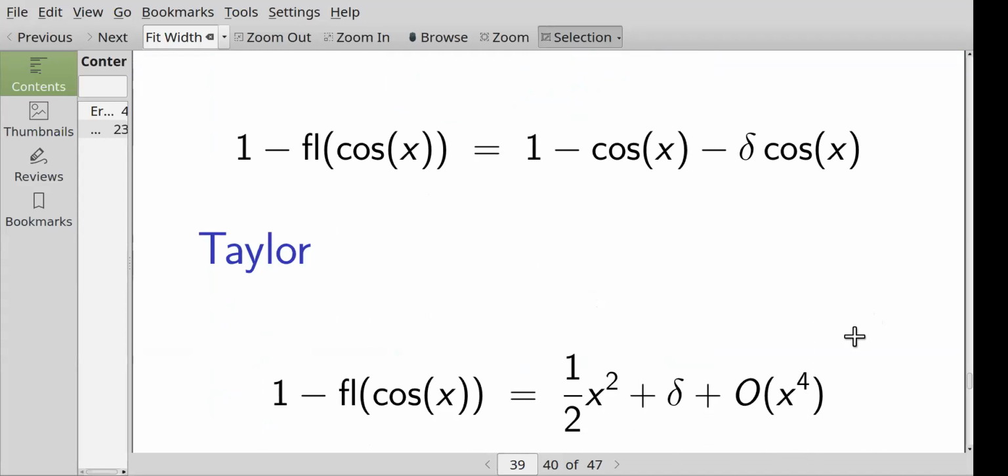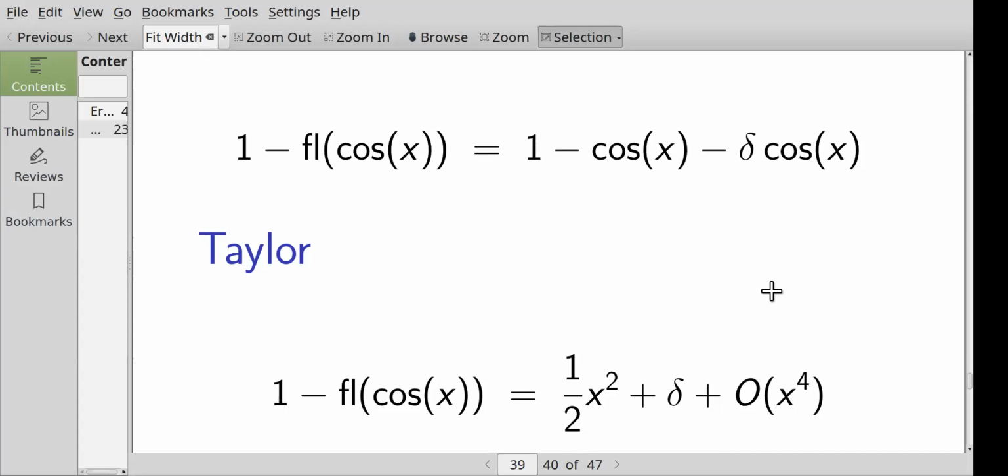Now, what's 1 minus cosine of x implemented in our machine? If I take the Taylor series for cosine of x, I will get 1/2 x squared plus delta plus order of x to the 4th terms.